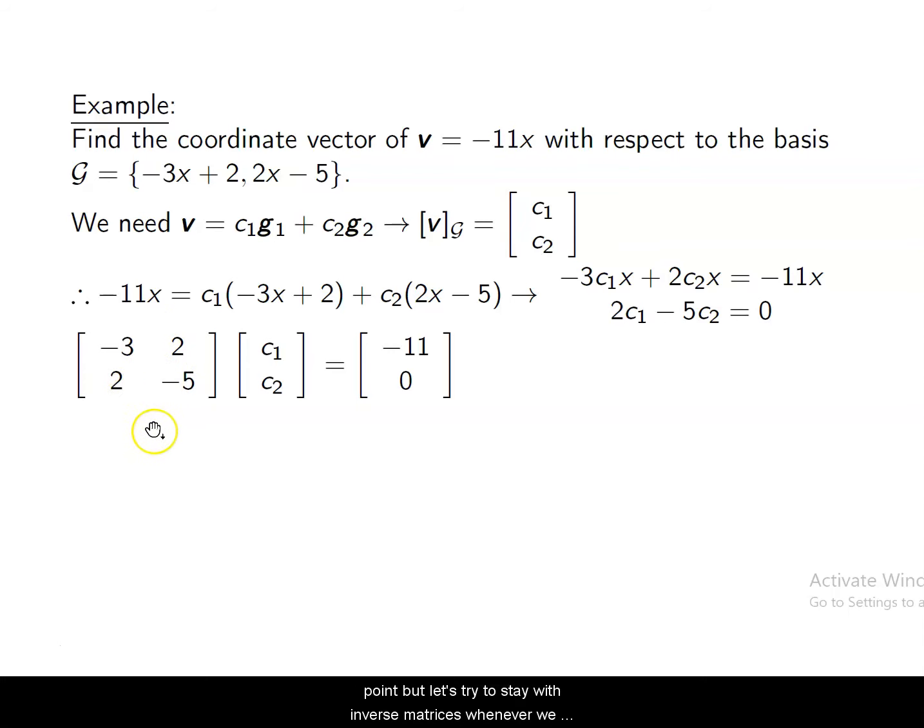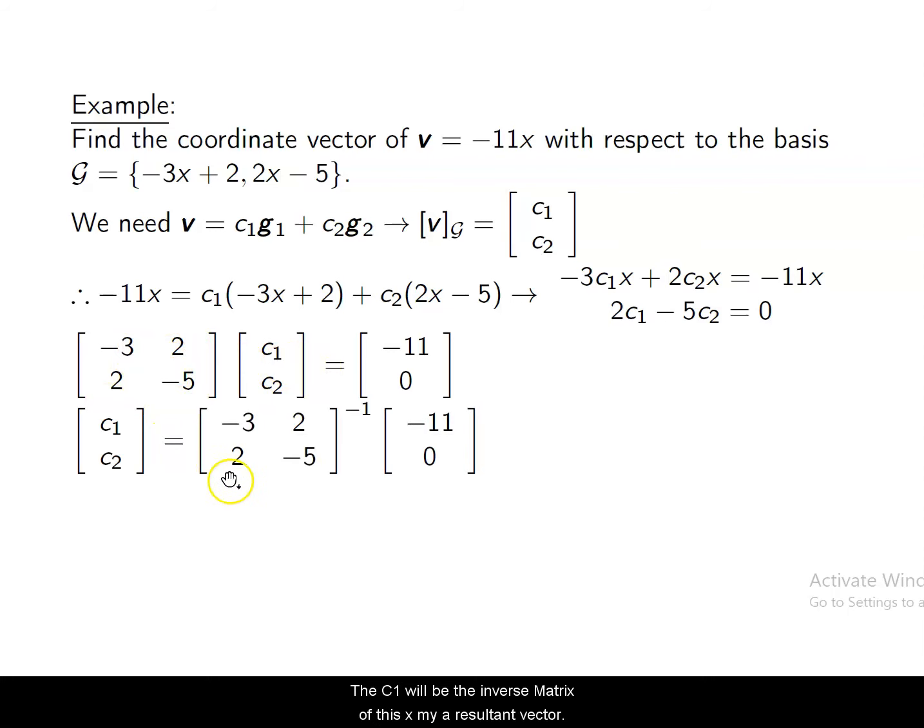I know we're using calculators at this point, but let's try to stay with inverse matrices whenever we have a square set, which we should have when we're using bases for a vector space. So I'm just going to multiply on the left both of these by the inverse matrix of this. So the coordinate vector will be the inverse matrix of this times my resultant vector, which will give me 5, 2.